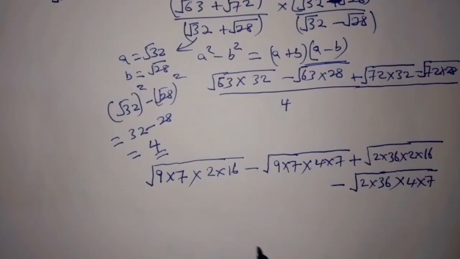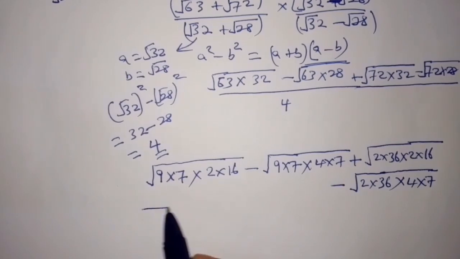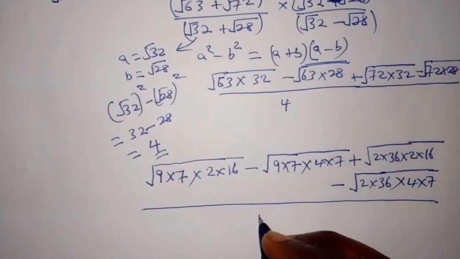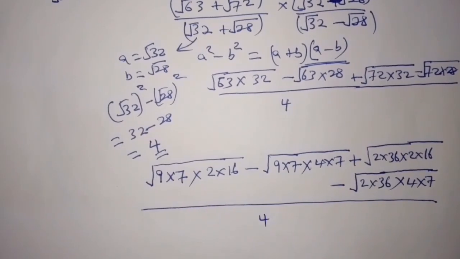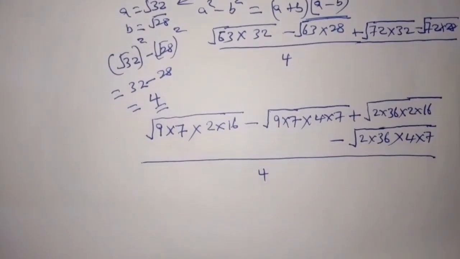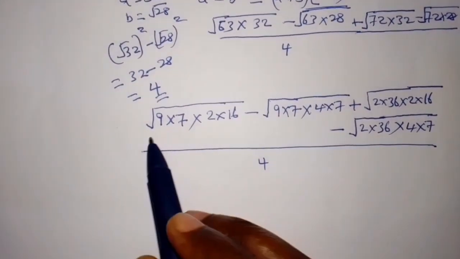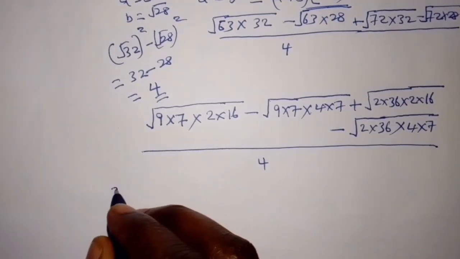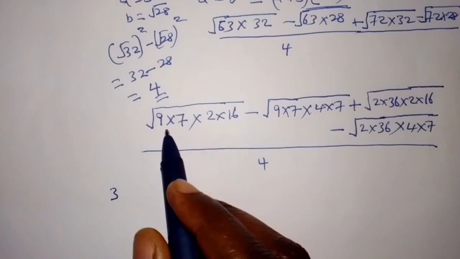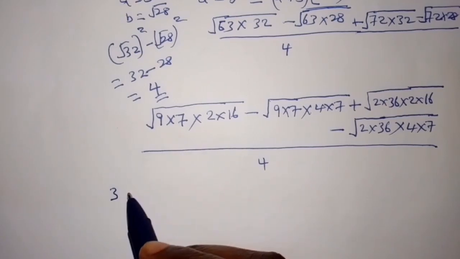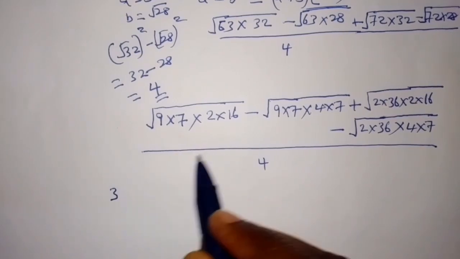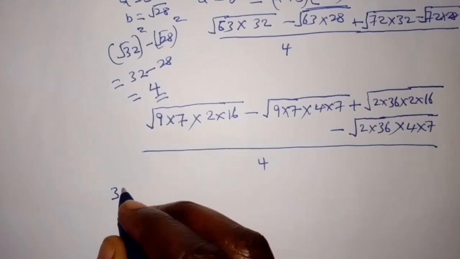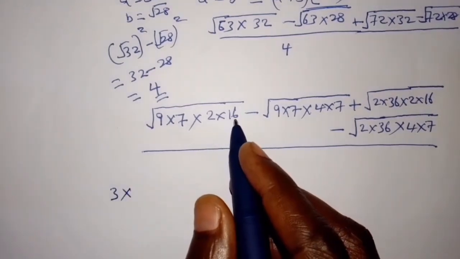Then we put this one over 4. Square root of 9 is 3. Square root of 9 is 3. Square root of 16 is 4.